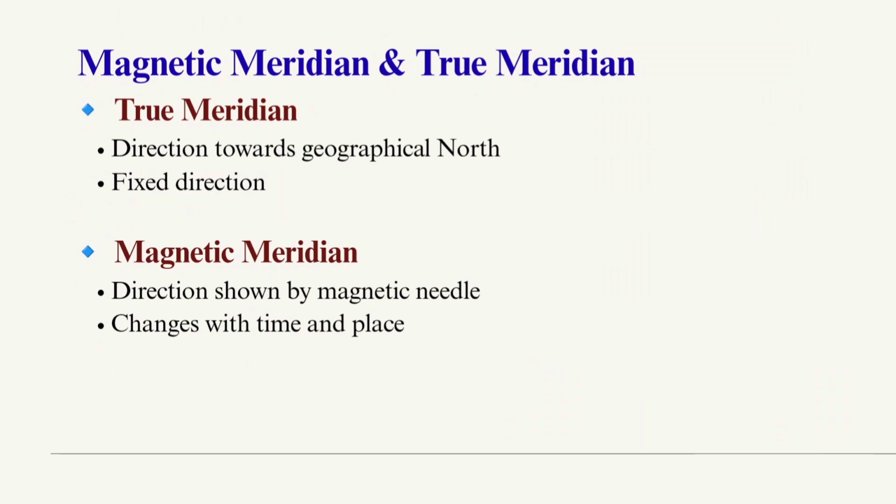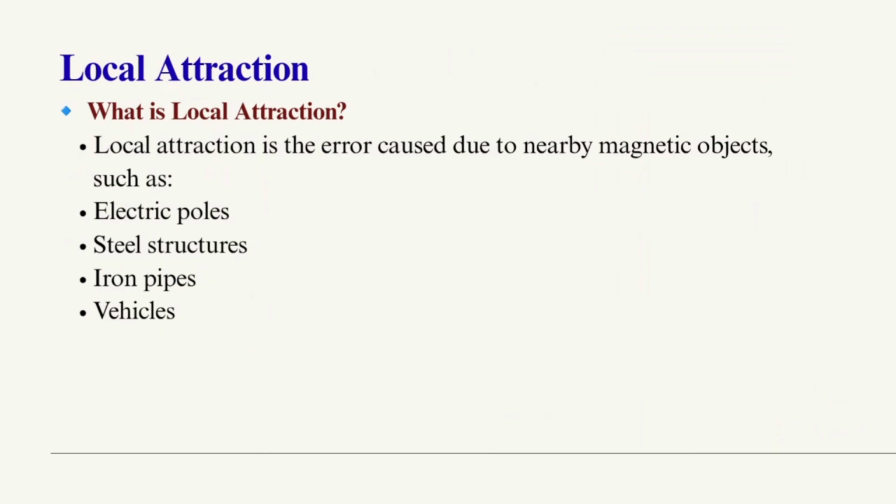Now the next point is magnetic meridian and true meridian. True meridian means the direction towards the geographical north, which is fixed in direction. And the magnetic meridian means the direction shown by the magnetic needle, which changes with time and place. Now the next point is local attraction.